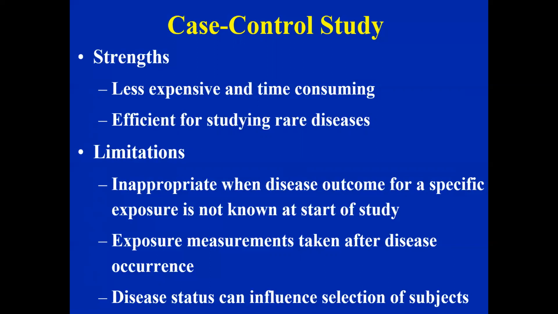Then disease status can influence selection of subjects. Remember, you are selecting your study participants based on their disease status, so it can influence how you select your study subjects.